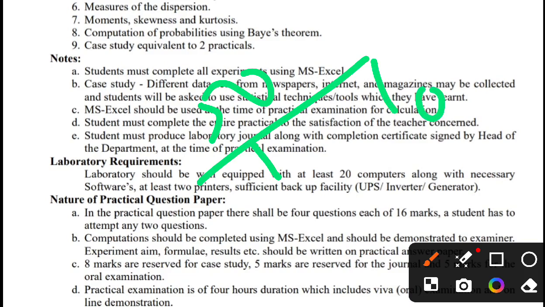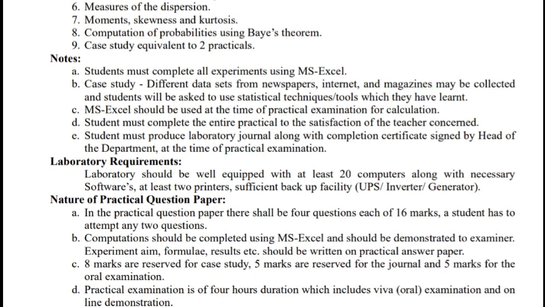As far as oral is concerned, you may be asked 5 questions. Each question carries 1 mark, and if you answer all of them, you will get 5 marks. Suppose out of these 5 you answer only 2 questions, you may get 2 marks. Accordingly, your oral is assessed based on your responses to the examiner.